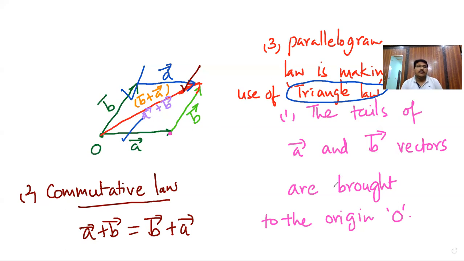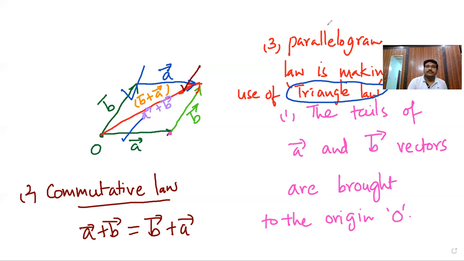It can be concluded that when we are making use of parallelogram law, indirectly we are making use of triangle law of addition of vectors also. That means, in conclusion, we can add the vectors either by means of triangle law or by means of constructing a parallelogram to have addition. Okay?